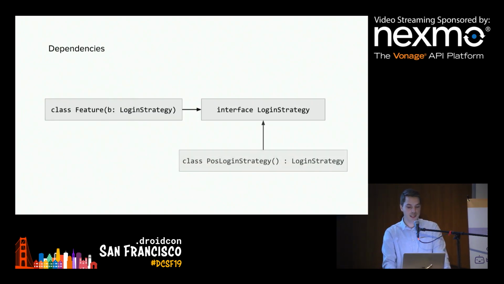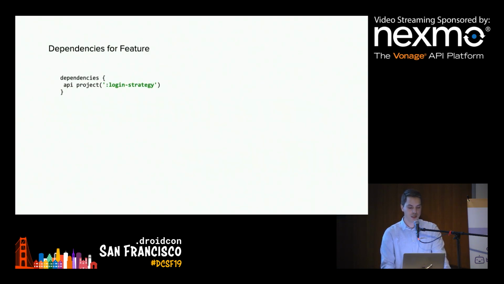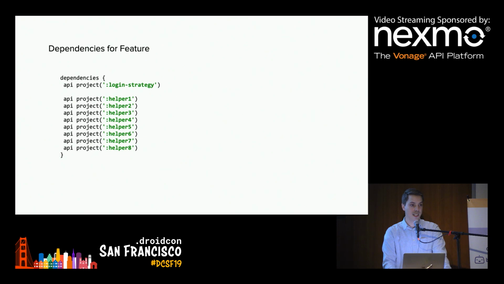But the reality is that I get this, because PostLoginStrategy and the interface itself are in the same module. So I have to import both. I don't have any other choice. So I added a dependency in my feature module on LoginStrategy. That's what I want to have, but the reality is this. I get all those transitive dependencies, and this is terrible for modularization.